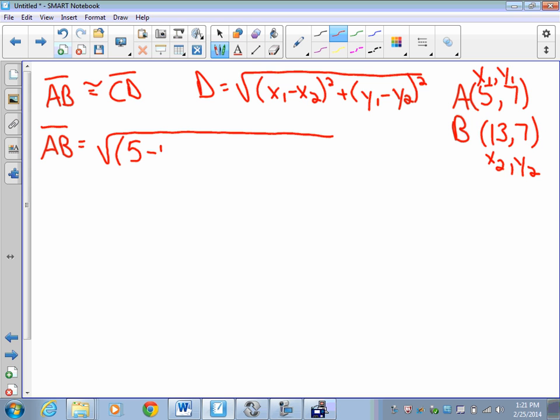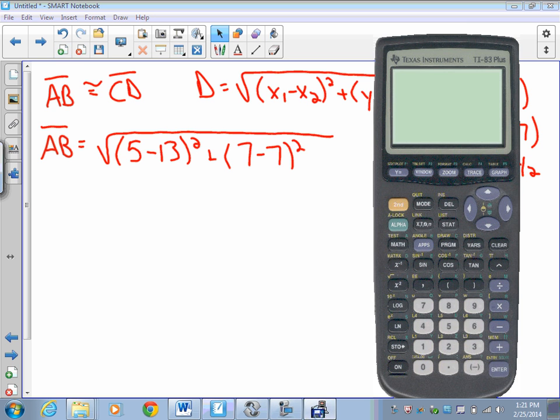So we have 5 minus 13 squared plus 7 minus 7 squared. If we're really careful with our parentheses, we can do all of this at the same time.